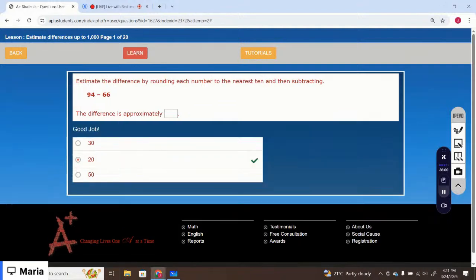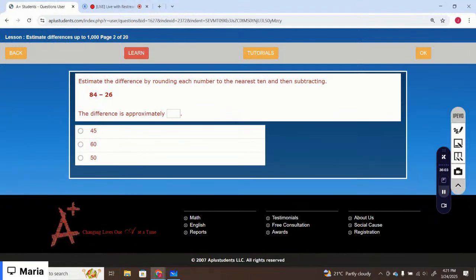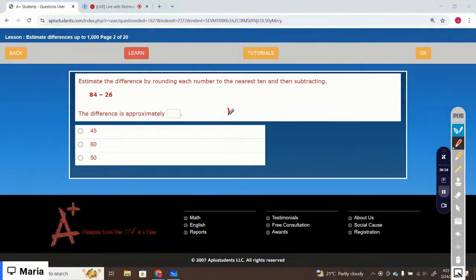Option number 2 is the correct option. Estimate the difference by rounding each number to the nearest 10 and then subtracting. 84 minus 26. 84 is rounded to 80 and 26 is rounded to 30.